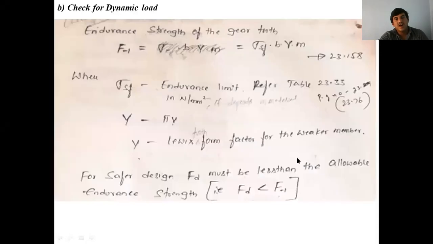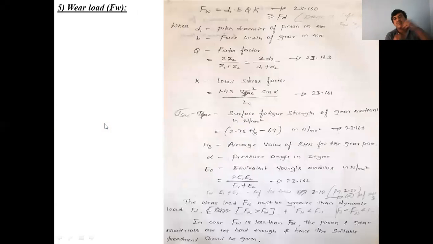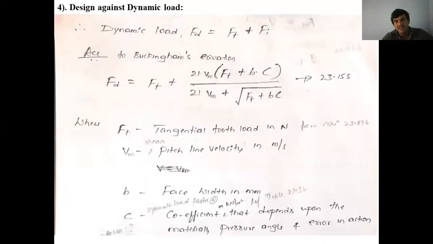Once you calculate the dynamic load, you check whether it is right or wrong. This step I will skip here; it will not be used right now. That completes step number 4, design against dynamic load. How do you determine it?